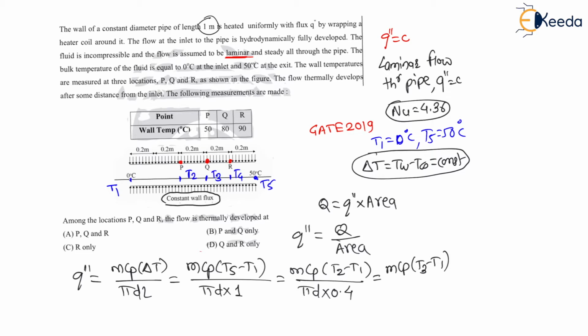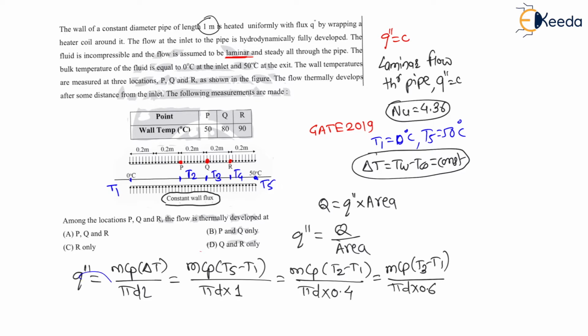From 1 to 3, the total length is 0.2 plus 0.2 plus 0.2, that is 0.6. Therefore I have to write divided by pi d, length 0.6, right? Similarly for this heat flux I will write mCp (T4 minus T1), then the length is 0.2 plus 0.2 plus 0.2 plus 0.2, that is 0.8, right?